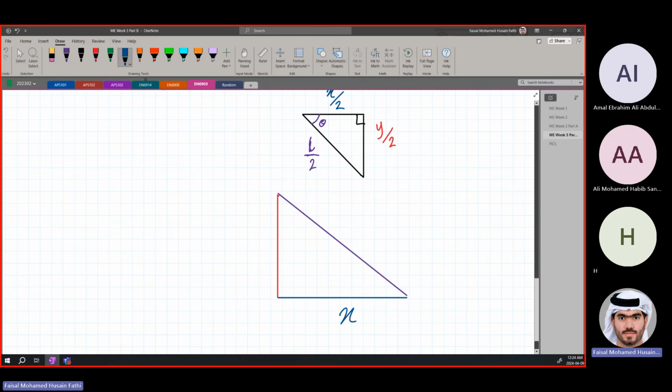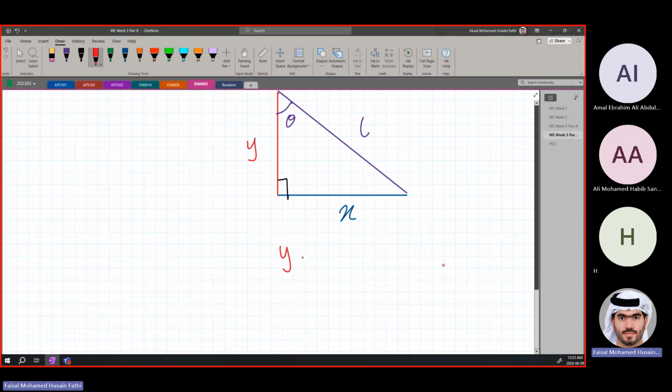We have here x, here y, and here the length L. And we have the angle theta obviously over here. This is a right triangle, so we can find an equation for y and x directly from this.